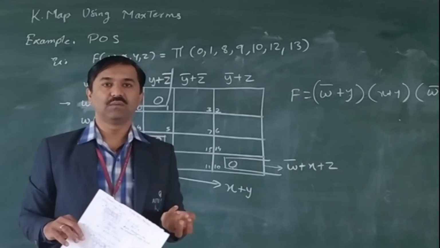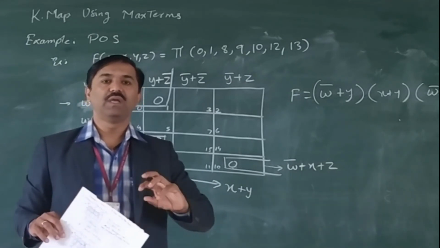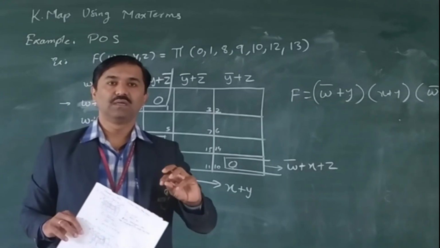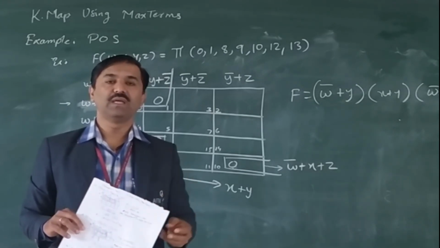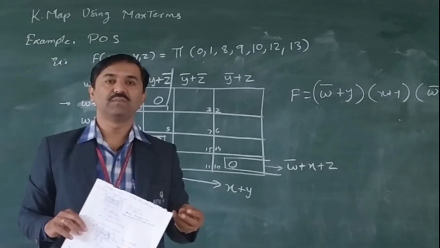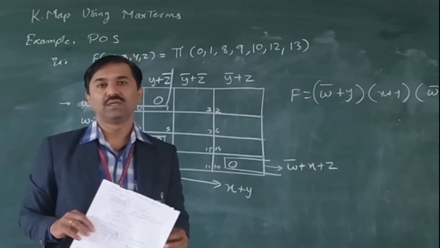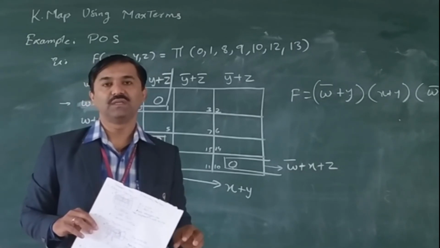If you practice some more examples, probably you will be able to understand the concept of applying the product of sum rules in converting into the respective expression in a better way.